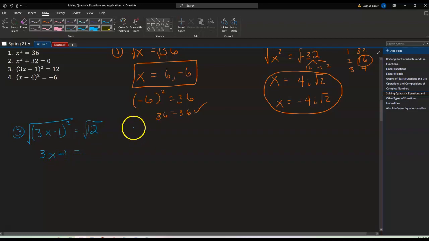To simplify the square root of 12, 12 is 4 times 3, so it's 2 rad 3, and negative 2 rad 3. It's both versions. Now, to completely solve this for x, I'm going to add 1 to both sides, and then divide by the 3.